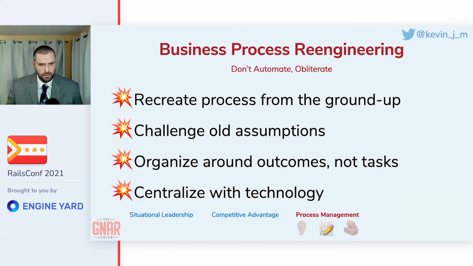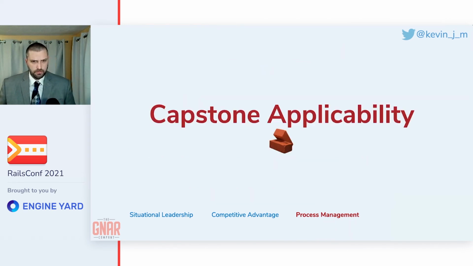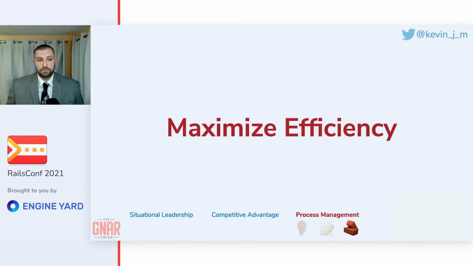And so, what does process management and process reengineering mean for us? Well, I asked you to think about how this might help maximize your efficiency. And the truth is, a lot of us are probably process managers without even thinking about it in those terms. Right?